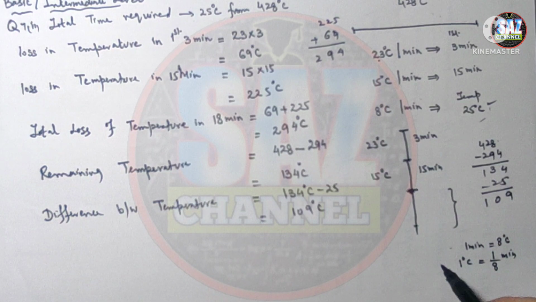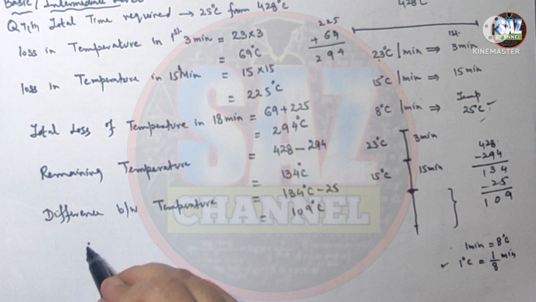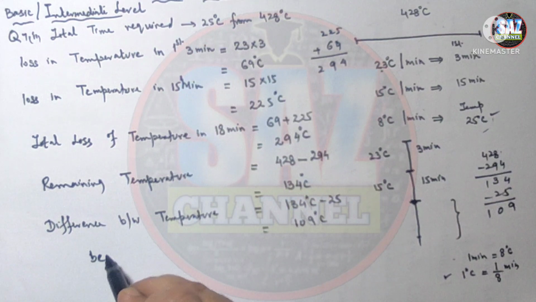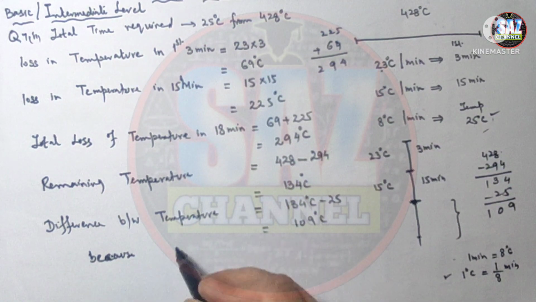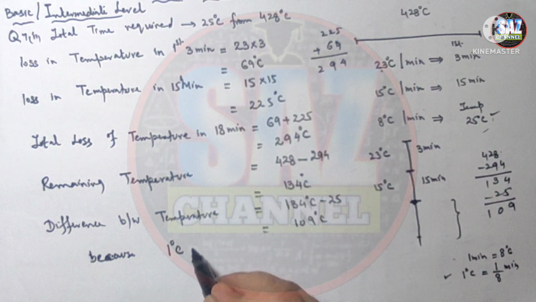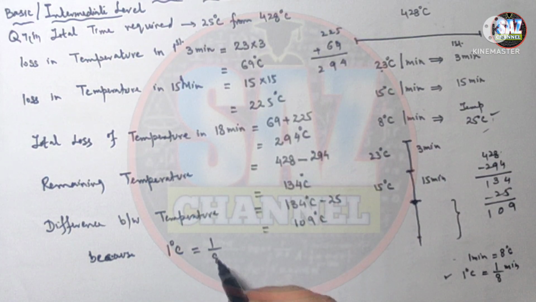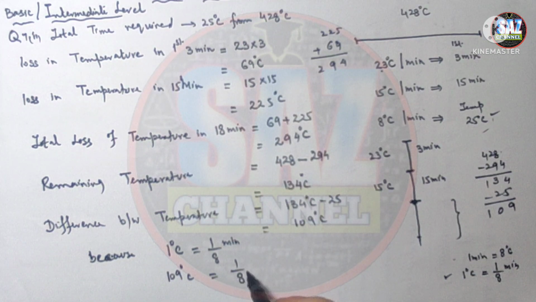So for the remaining part, 1 degree centigrade is falling at the rate 1 over 8 minutes. So 109 degrees centigrade will be falling in what time?